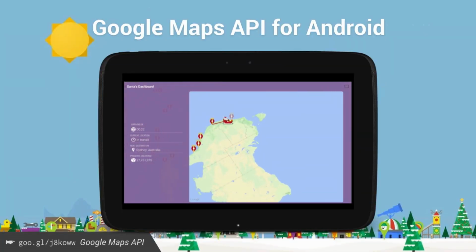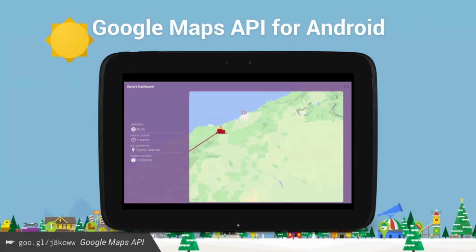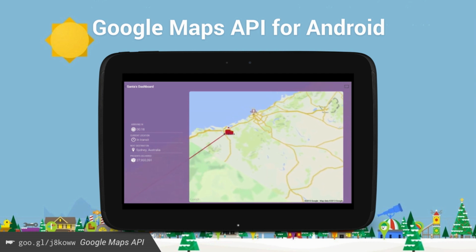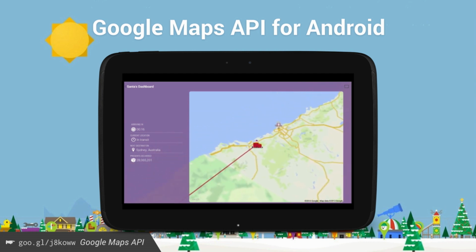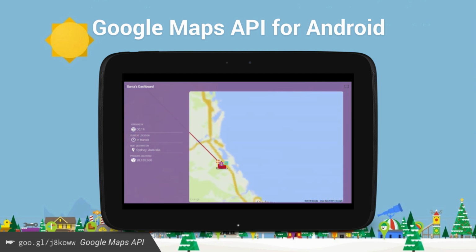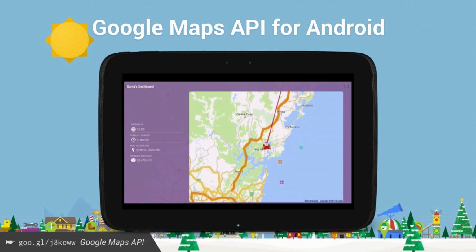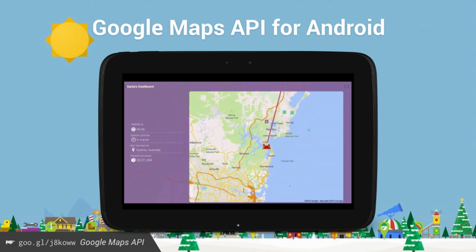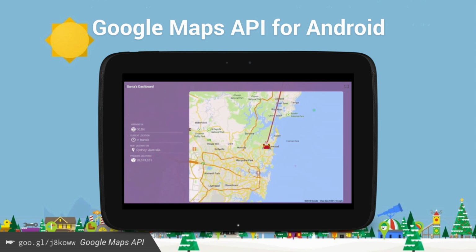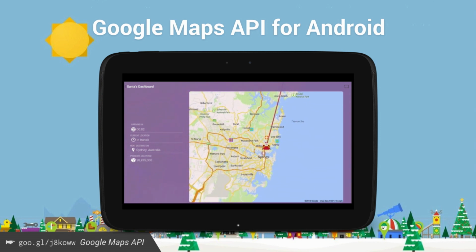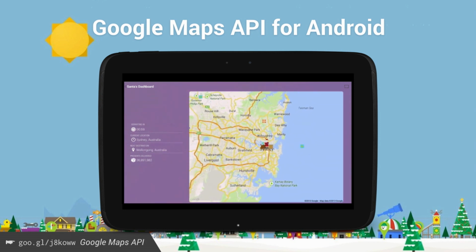One of my favorite parts of the app was the ability to use the Google Maps API for Android. And you know, the best thing for me about this API is the use of the camera. It's not just a 2D camera, it's actually a 3D camera. So you'll see as Santa arrives here at Sydney, the camera zooms in but also tilts ever so slightly to give a really good sort of perspective.